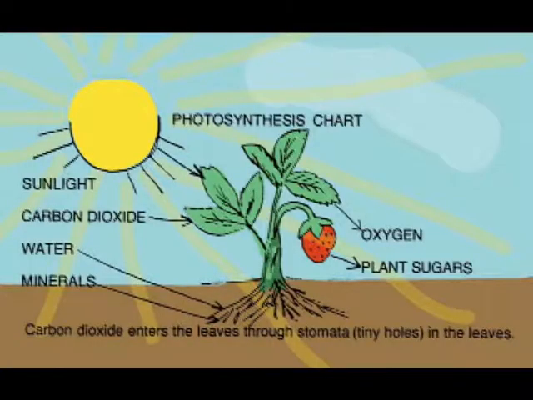Welcome to Jeopardy! We're going to play Photosynthesis Jeopardy and Respiration Jeopardy. During photosynthesis, as you recall, carbon dioxide and water, with the aid of sunlight and chlorophyll, makes glucose and releases oxygen.